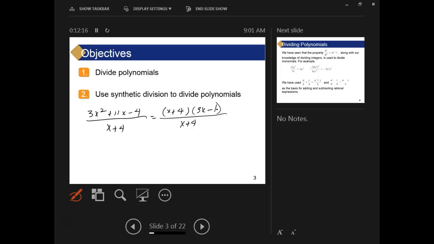How do you check it? x times 3x is 3x squared. That's so far so good. Minus x plus 12x would be plus 11x. Yes. And negative 4. Yes, that does factor. And then here's one way to do division. If you can factor the numerator and there's common factors, there we go.